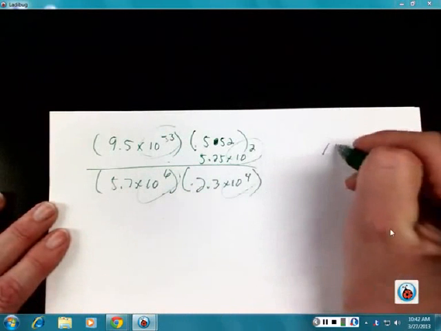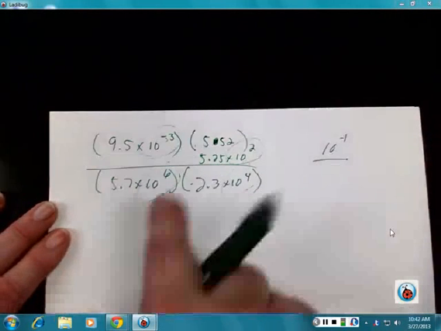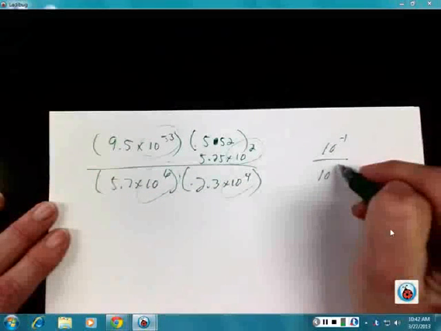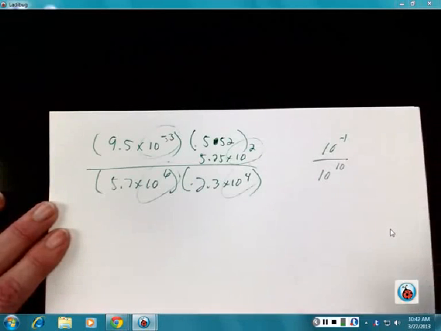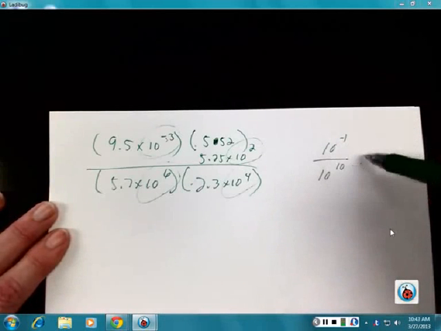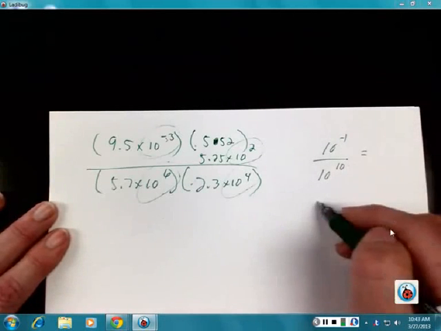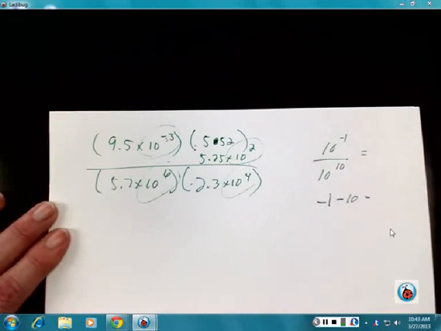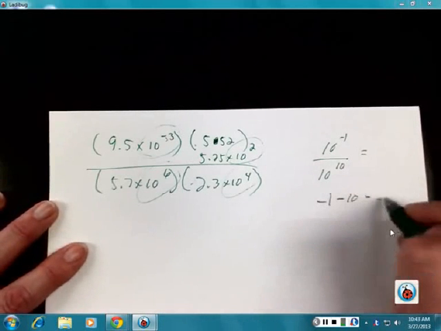And if I do that, I'm going to do the top piece first, then do the bottom. 6 plus 4 gives me 10 to the 10th. Because this is a division happening, what's going to take place? Negative 1 minus 10. What's that give me? Negative 11.